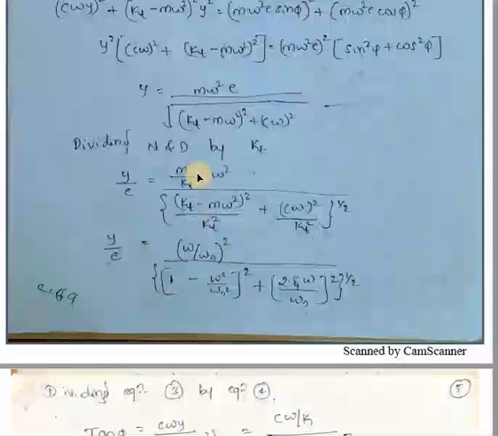Now you can write m by k as 1 by omega n square. So it will be (omega by omega n) whole square divided by root of (1 minus omega square by omega n square) whole square plus (2 zeta omega by omega n) whole square.